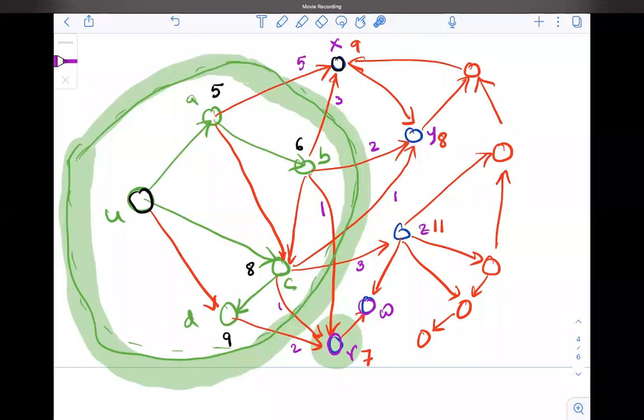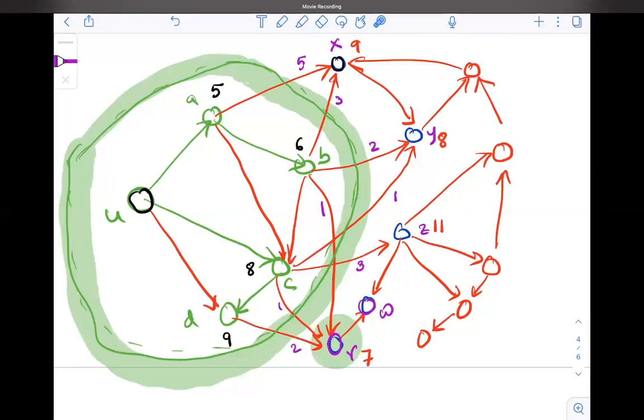Exactly. Anywhere I go, I have to step out of the boundary wall somewhere, right? And as soon as I step out of the boundary wall, either I reach R or I go somewhere where I already incur a cost of more than 7. So it is not possible that there is another path to R of length less than or equal to 7.